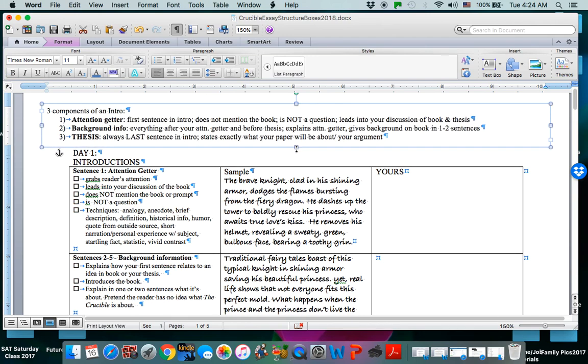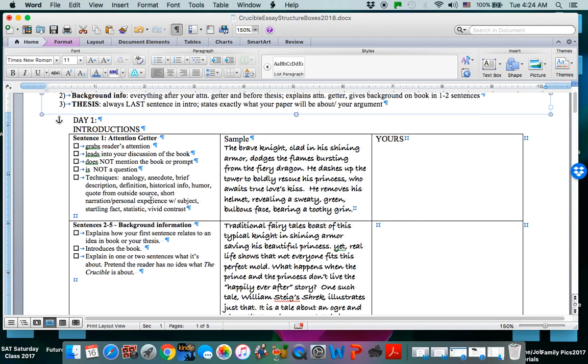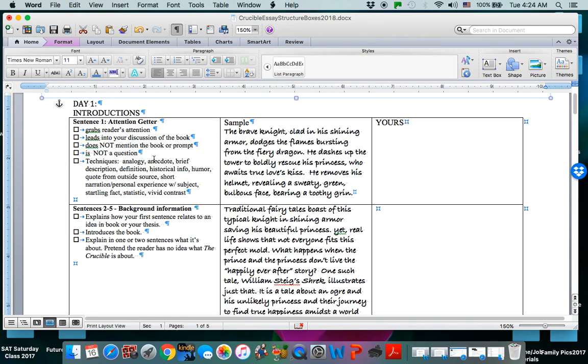Okay, so when you are looking at introductions, this here will give you an example of an attention getter, background information, and a thesis. So the first thing that we want to do is find out whether or not your attention getter is decent. These are little check boxes: grab the reader's attention, leads into discussion of the book.